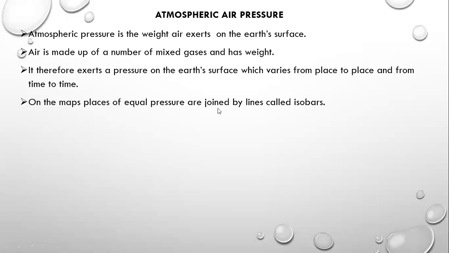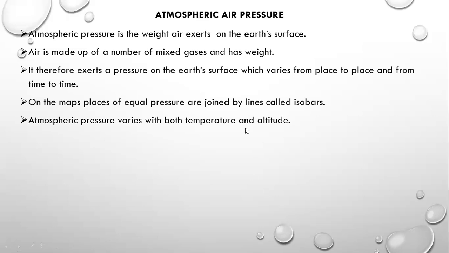On the maps, places of equal pressure or places of equal atmospheric pressure are joined by lines known as isobars. Isobars, these lines. So atmospheric pressure varies with both temperature and altitude. So these are the key factors that determine atmospheric pressure, temperature and altitude.